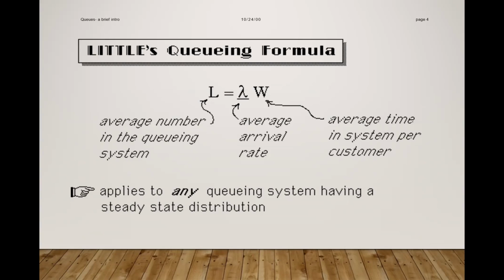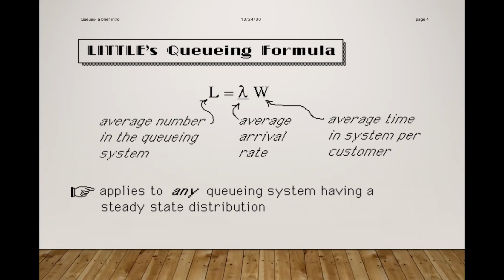Provided that they have a steady state distribution, it means that the number of people in the queuing system achieves a steady state distribution. Remember that the number of people in the system is described by a Markov process, right? If we assume a memoryless or Markovian.